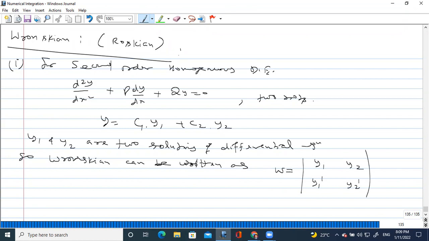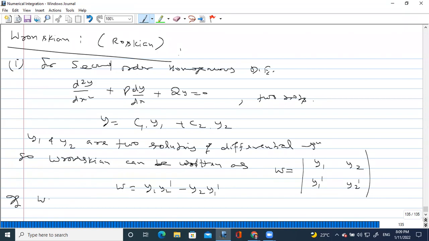Or you can say W equal to y1 y2 dash minus y2 y1 dash.